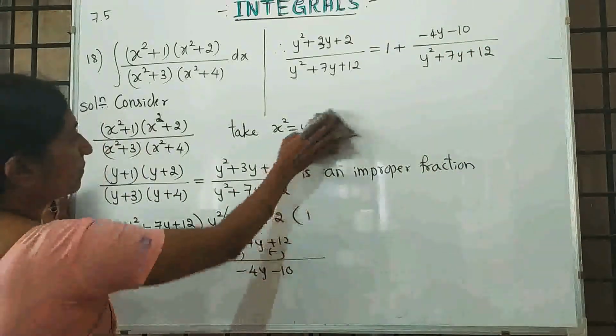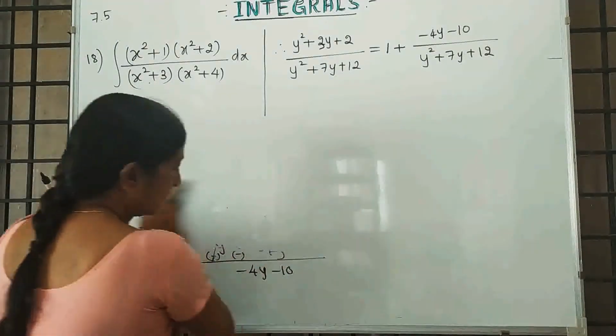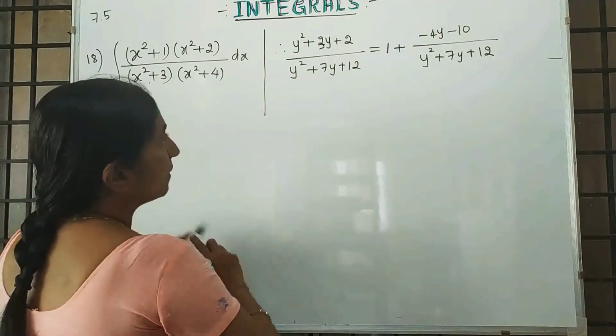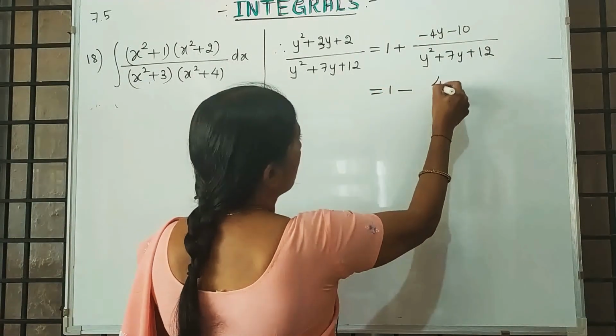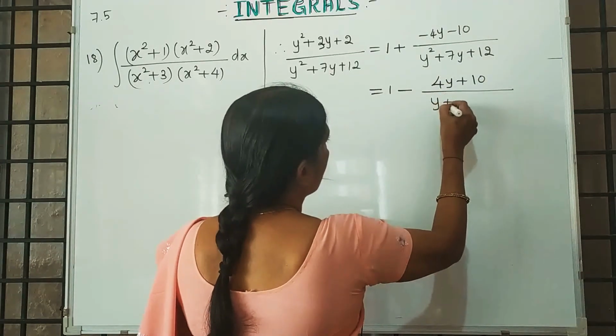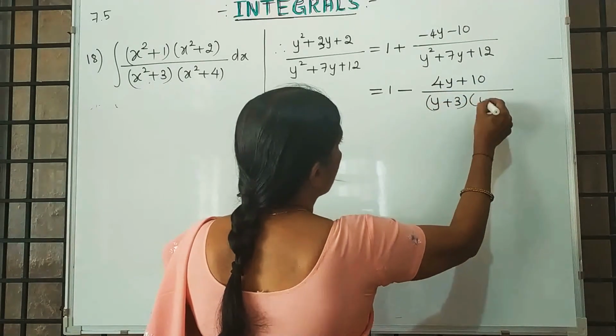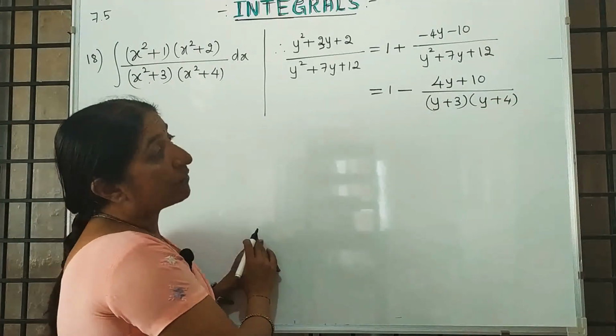After division, I took minus common: 1 − (4y + 10), and the denominator I am writing as (y + 3)(y + 4). We know the splitting because already we are familiar.